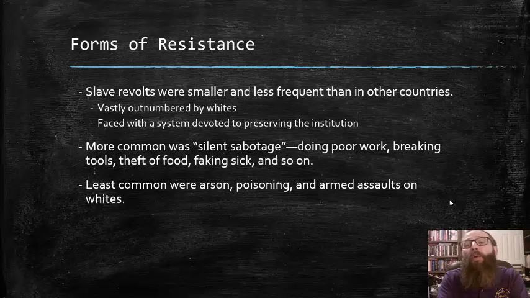Things like doing poor work, breaking tools, stealing food, faking sick, and so on were all tactics and techniques that the enslaved used to undermine the institution itself. Least common were more drastic measures like arson, poisoning, and armed assaults against whites, although that certainly did occur from time to time.